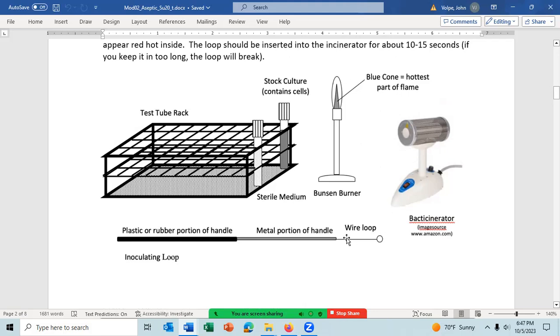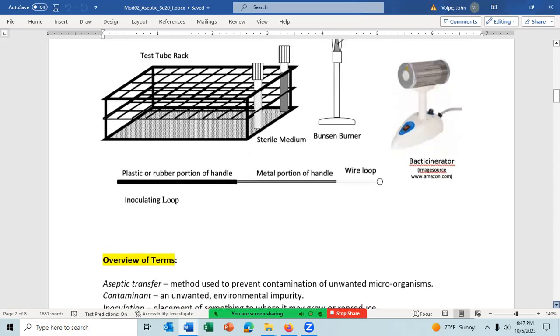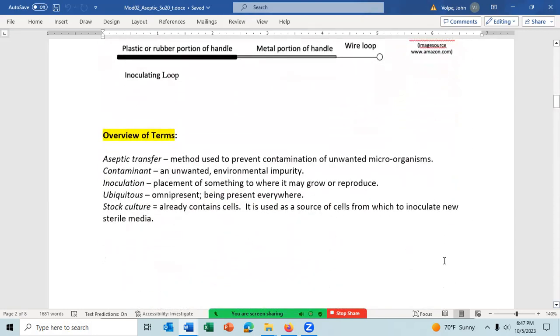You put the loop inside the bacto-incinerator until the loop becomes red hot, and you can actually see it. Once it's red hot, you bring it out, and you then cool it. We'll talk about how you do that, and then use it to pick up your cells and inoculate the new sterile media.